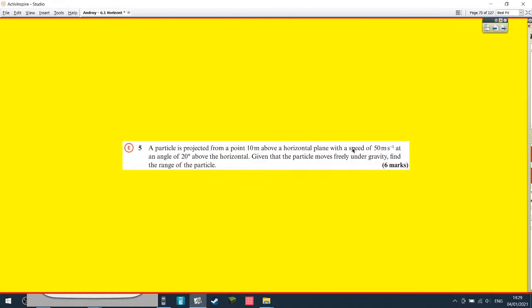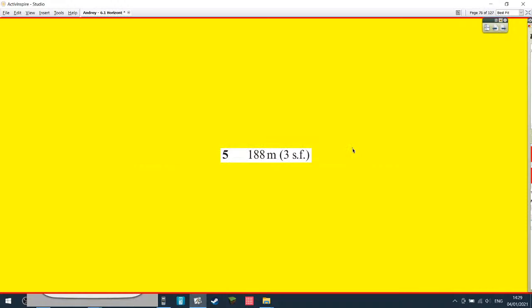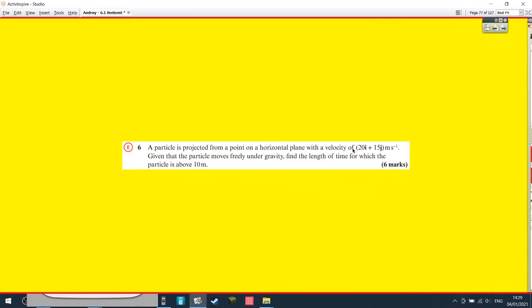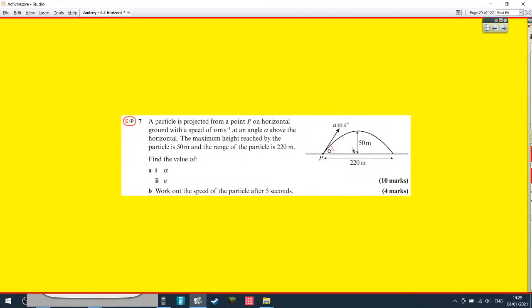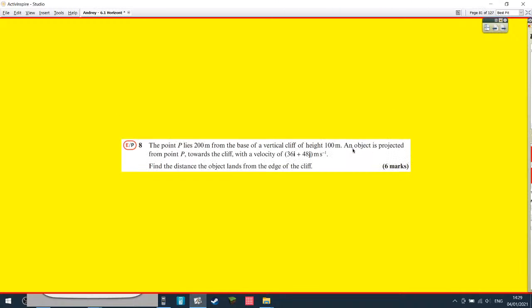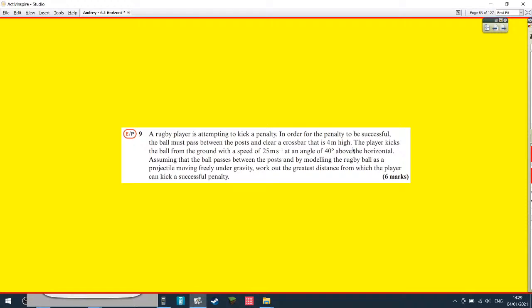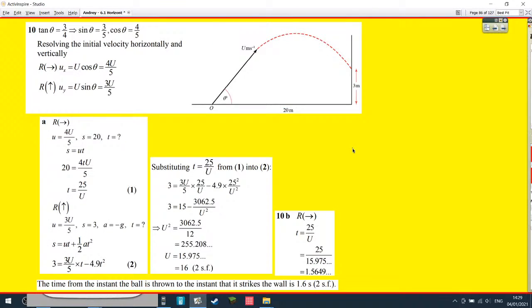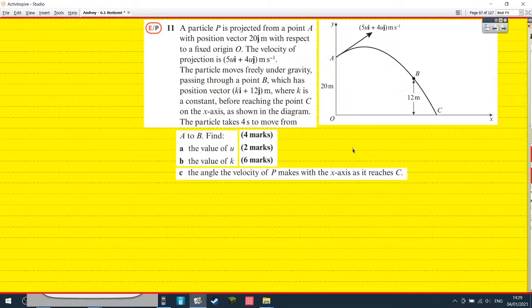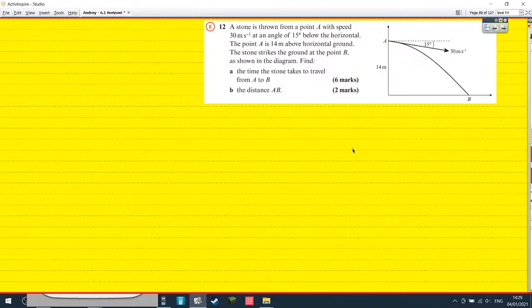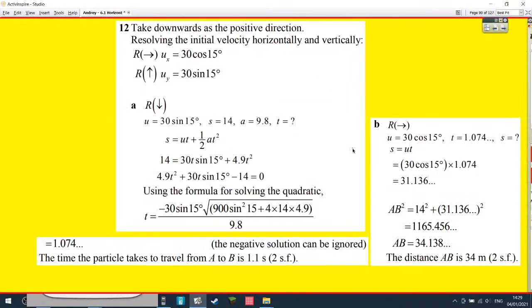Speed. The range of the particle, I don't know what that means. They enjoy snaking me. That looks like it starts up somewhere. Why can't they just give me normal questions?